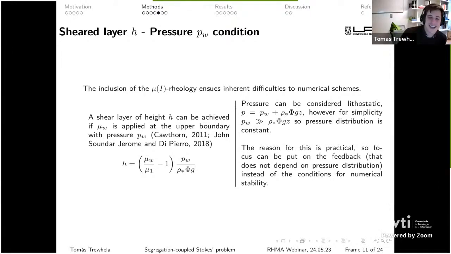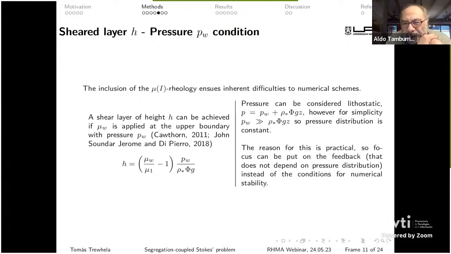It's hard. And why is it so hard? It's because of the mu of I rheology. The mu of I rheology doesn't behave well with no movement. Every time I pass by an area where velocity is 0, the solution will fall or will be unstable, and that's the main hurdle for this.